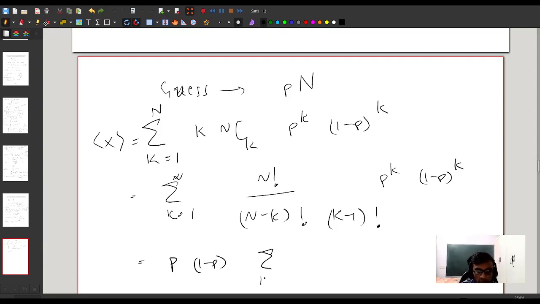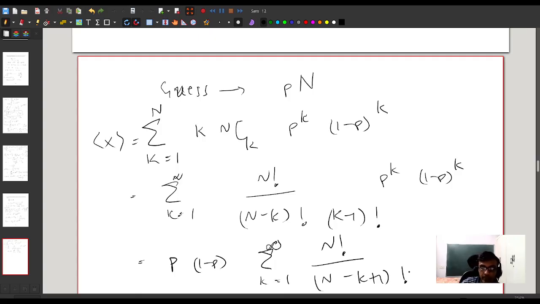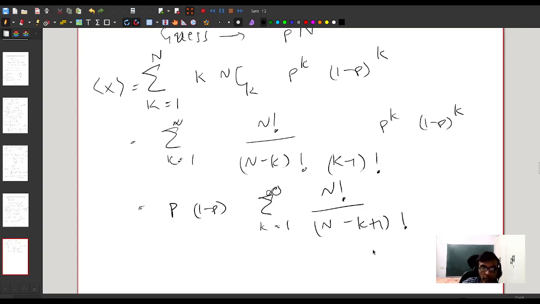From 1 to n, n factorial by n minus k plus 1 factorial. We have to compensate for this.